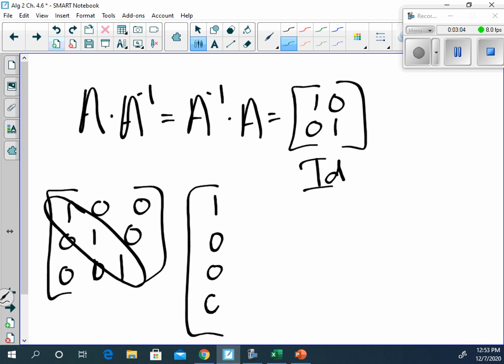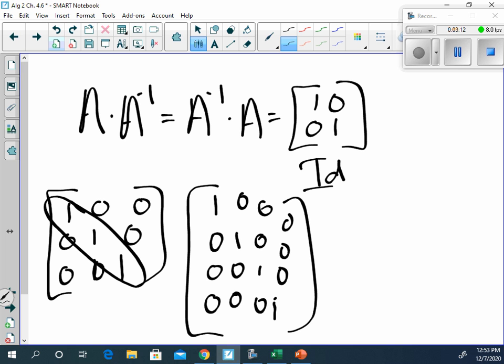Or even if it is a 4 by 4, we get this here. So if two matrices are inverses of each other, their product will give us the identity matrix. If it doesn't, then they are not inverses.